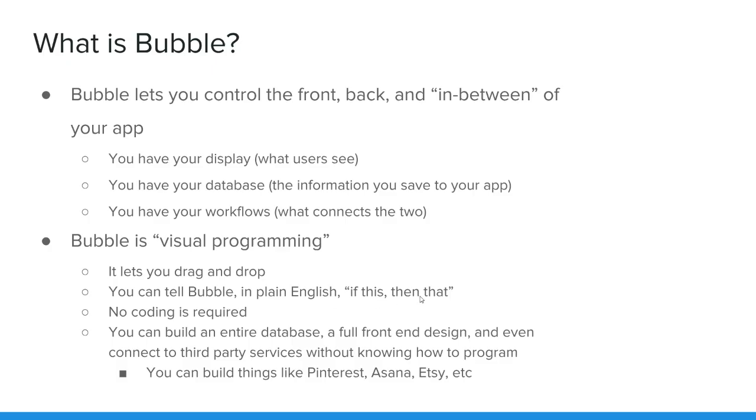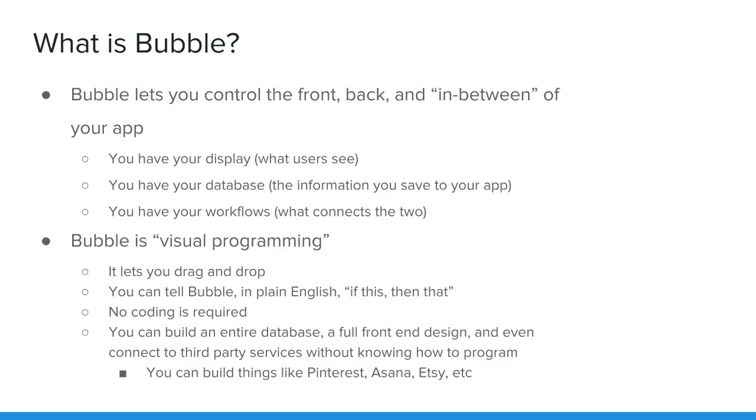You do not need to know how to code to build an app. You can do everything completely without coding. Of course, you can add in extra functionality, more advanced features that might have coding involved. That's certainly possible. Bubble isn't limiting you to doing non-coded things.